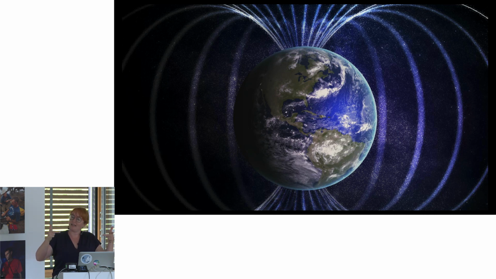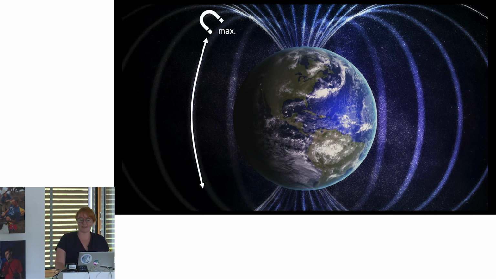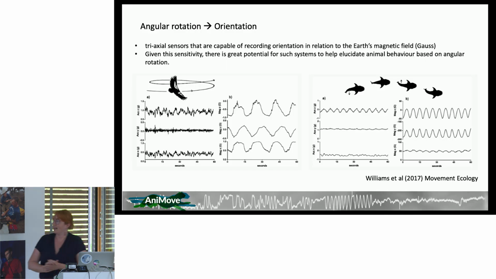Because of that being off, you can now get orientation information, and that's how your compass works. When you face magnetic north, it reads out a maximum, and when you face magnetic south, it reads out a minimum. And that allows us to see those nice peaks that I showed you at the very beginning.